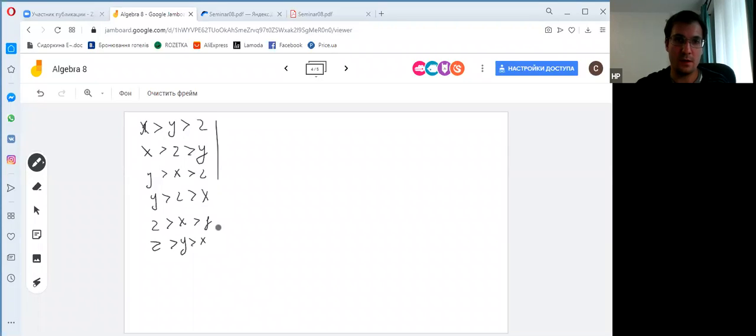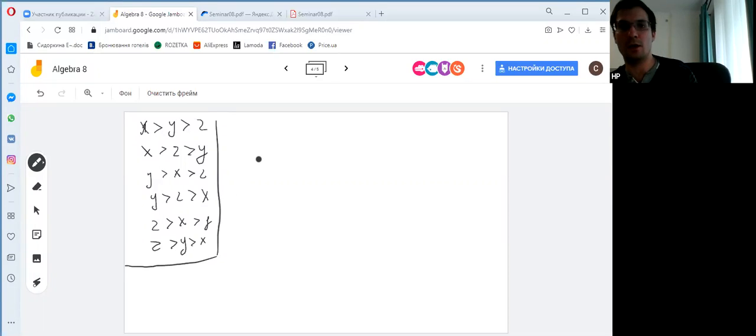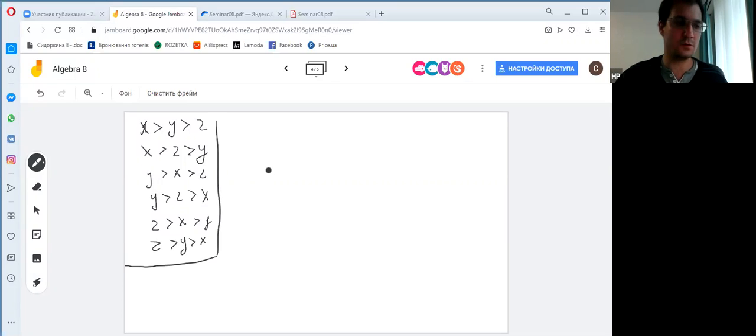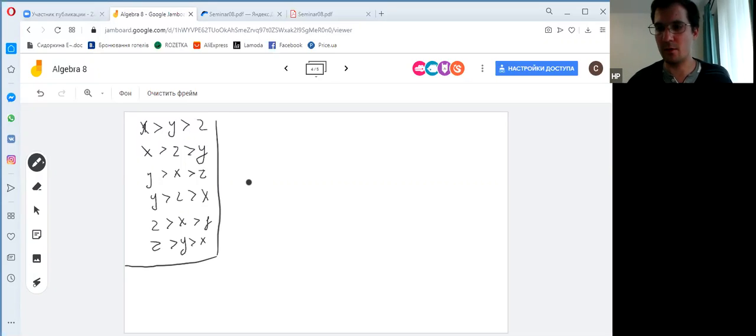So we have 6 orders, but we want 2 monomials such that the first is always smaller than the second. Okay, just give me this example.